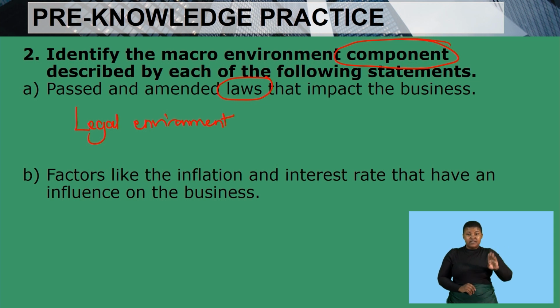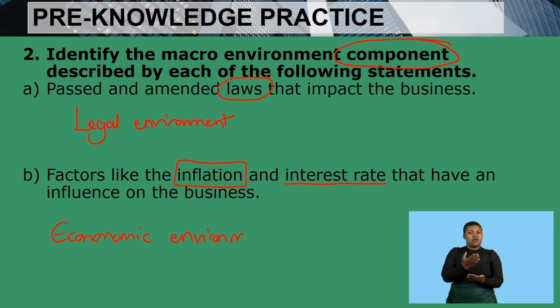Then statement B, factors like inflation, that is our first clue, and interest rates that have an influence on the business. Inflation and interest rates are, of course, examples of economic environmental factors.